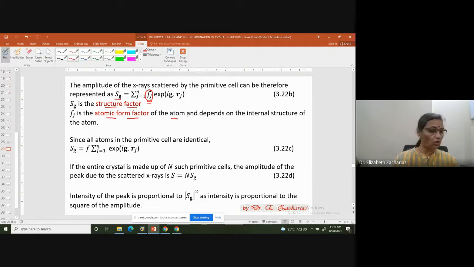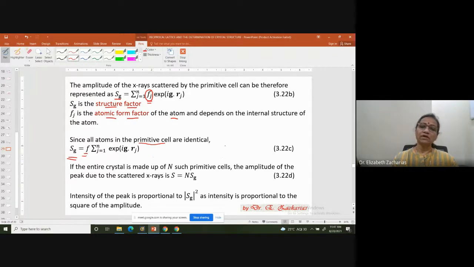You have n atoms, all identical, therefore Fj will be the same. So let's call Fj some F, and take it out of the summation. Therefore, the reflection from all the atoms of your primitive cell is given by the structure factor, F into summation exponential iG dot Rj.